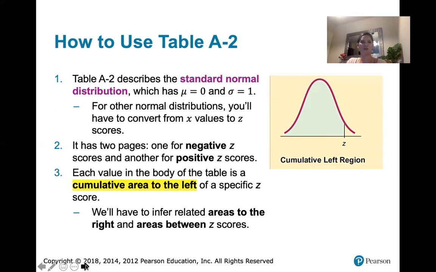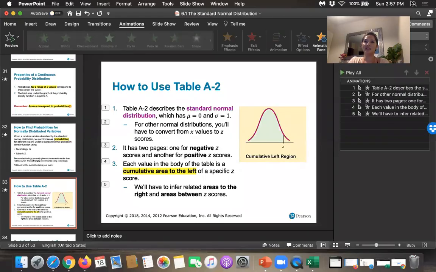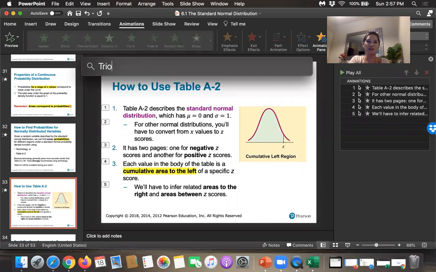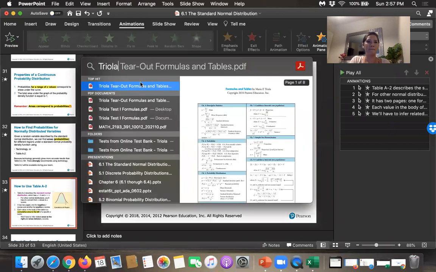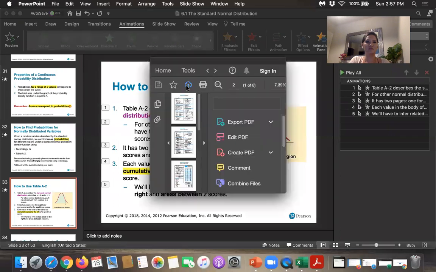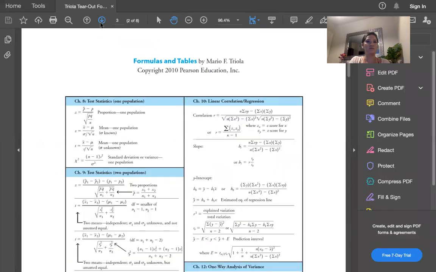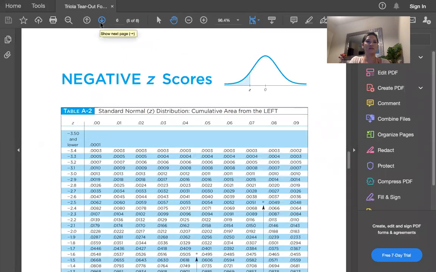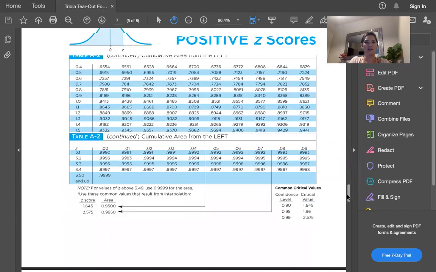Let me actually show you table A2. This is what you'll have available to you during your exam. So we've got negative z-scores here on this page. And then we've got positive z-scores on the next page.